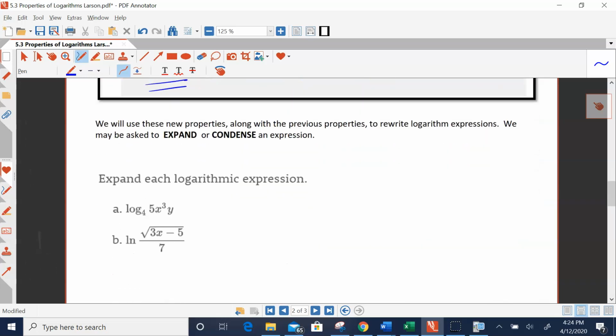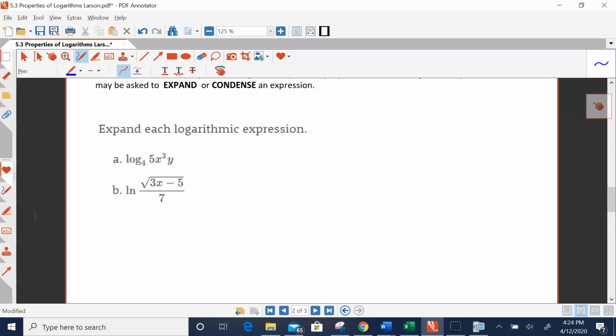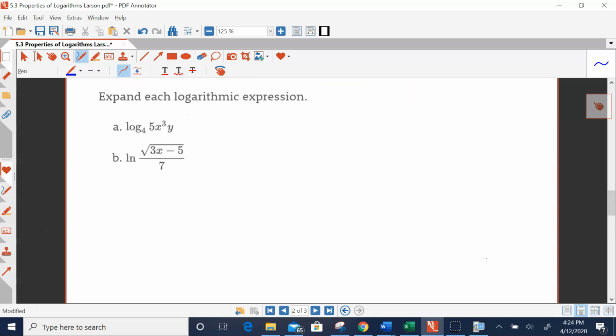So let's look at some examples. We'll either expand or condense some log expressions. So let's look at this first one. I've got a log base 4 of 5 times x to the 5th times y. So I've got a log of 3 things that are multiplied. I would like to expand this into several logarithms.